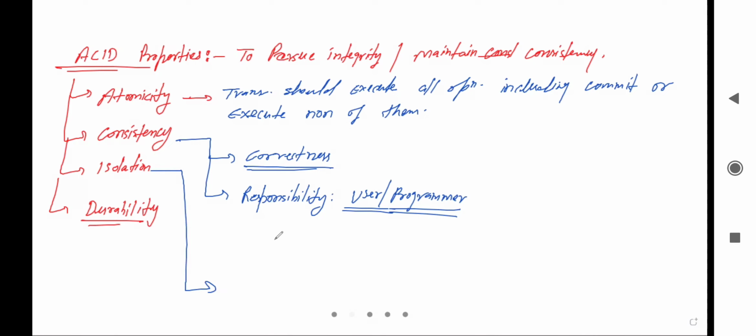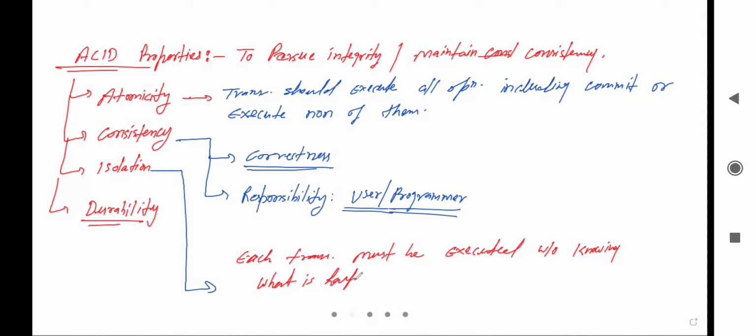Isolation, we can say each transaction must be executed without knowing what is happening with other transactions.